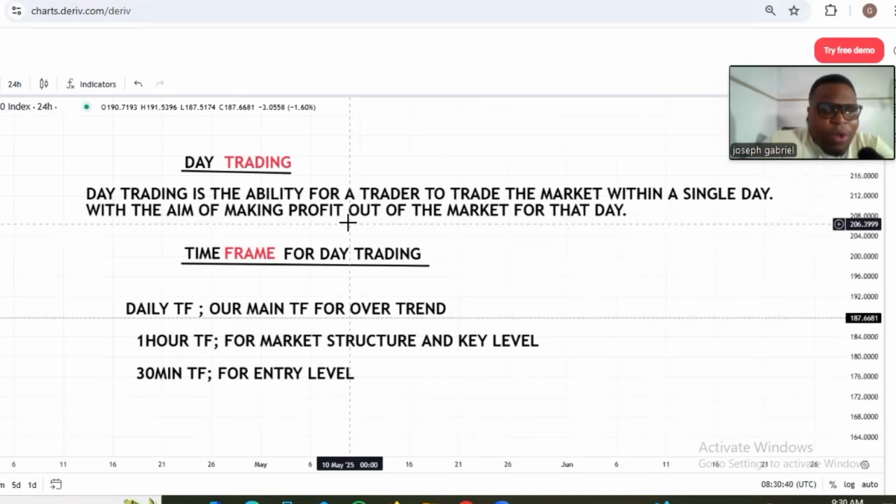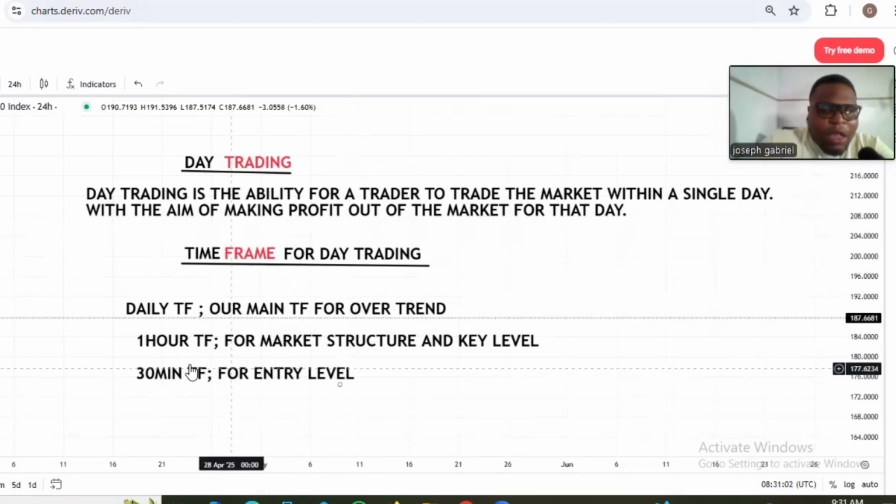Now we look at the time frames for day trading. If you're a day trader, these are the time frames I recommend. Those very simple time frames: the first one is the daily, because as a day trader, you look at the daily time frame. We have the daily, the 1 hour and the 30 minutes time frame.